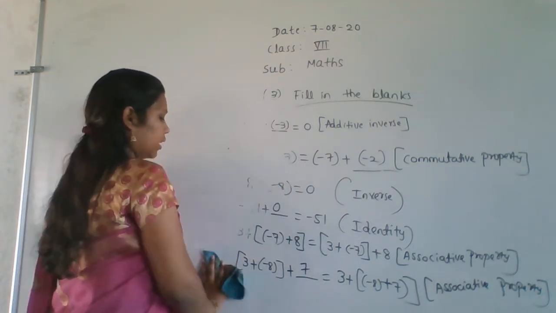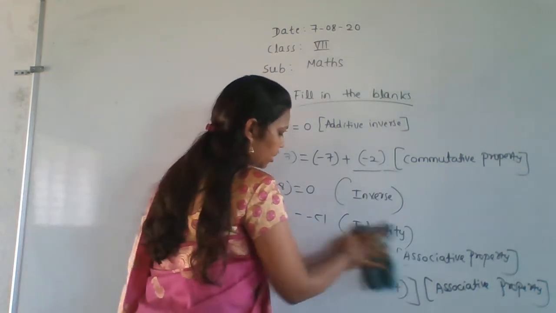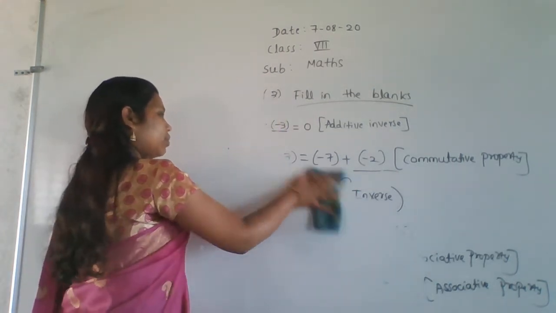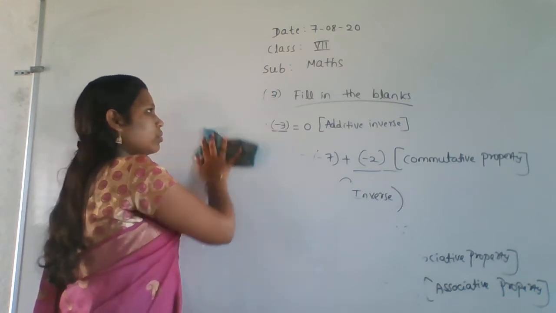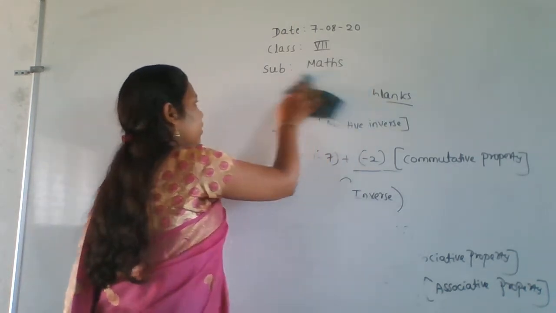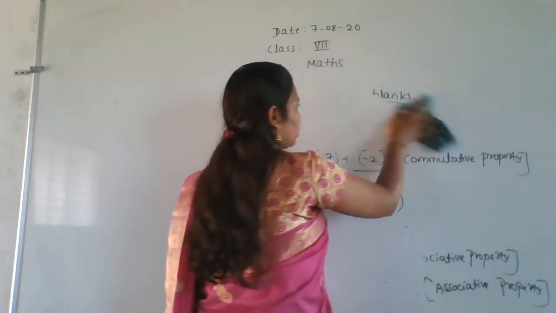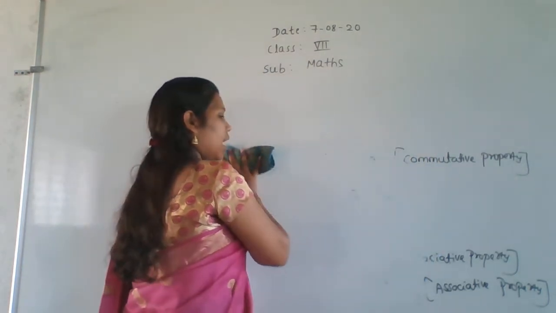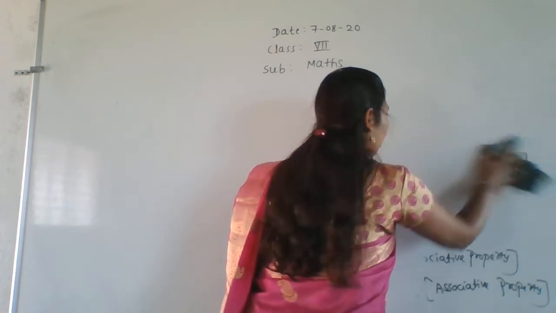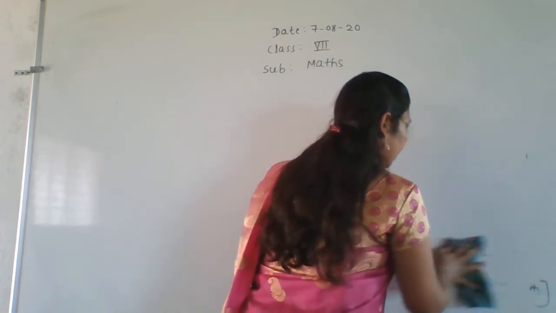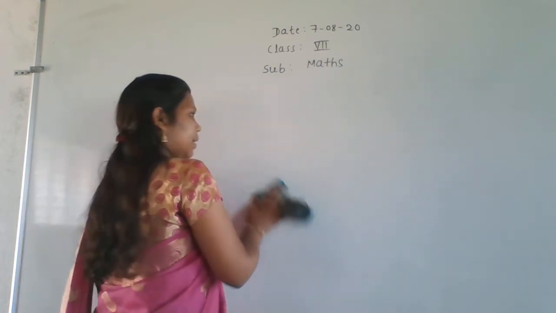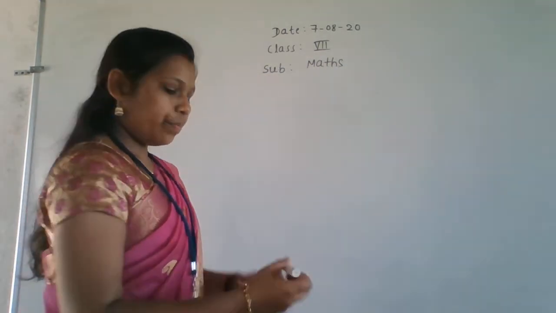In the subtraction properties of integers, only three properties hold good: the identity, the inverse under subtraction, and the closure property. Only three properties are satisfied by subtraction.